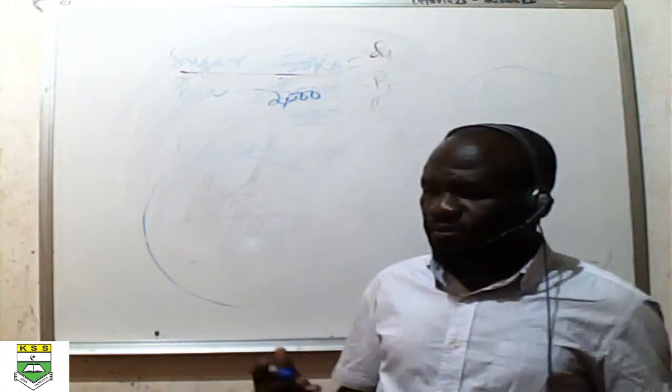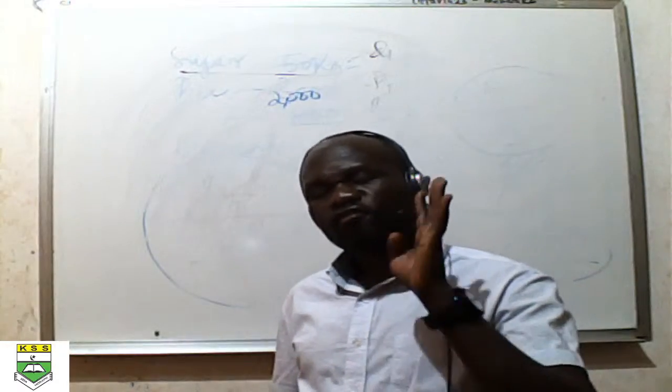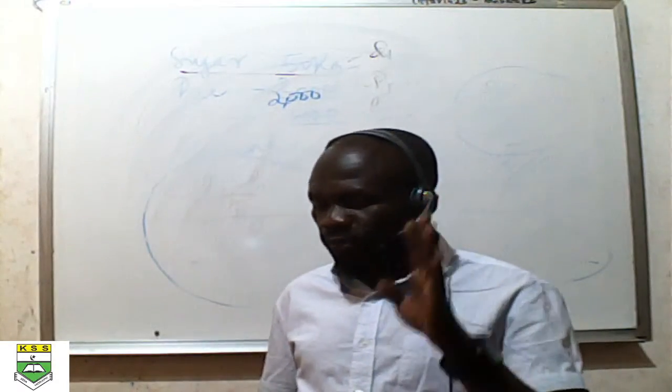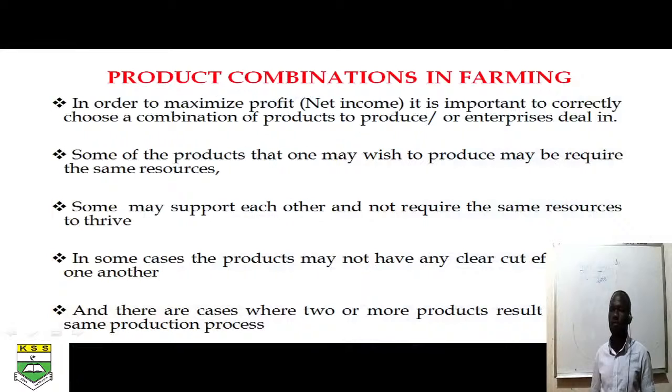Now, when you are looking at these product combinations, we have 4 main types of product combinations. Okay? There are 4. I need to remember that. There are 4 main types of product combinations, and each has its advantage and disadvantage.